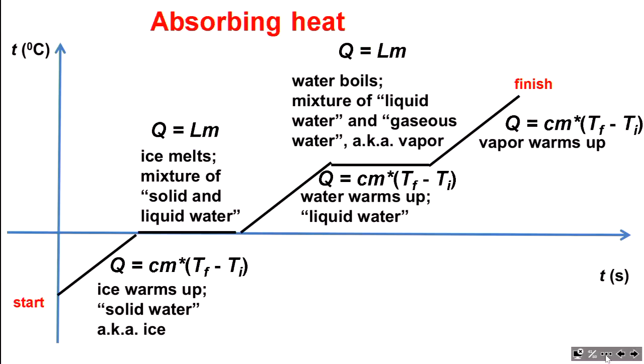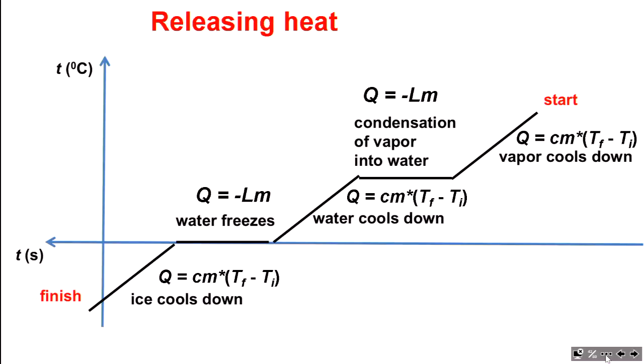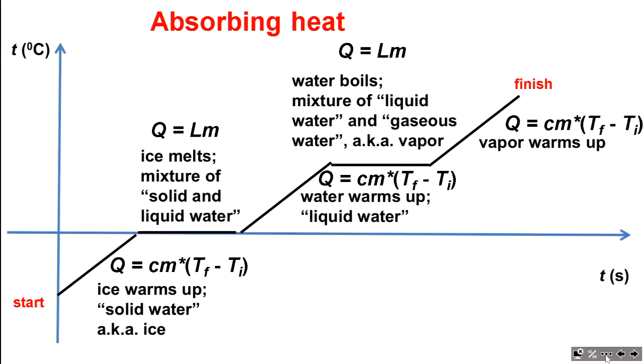Well, now we're done, technically, with everything related to heating, cooling. For each process, we have an equation. You see the difference between this slide and this slide? This graph represents processes which begin from lower temperatures, and the system is absorbing energy.